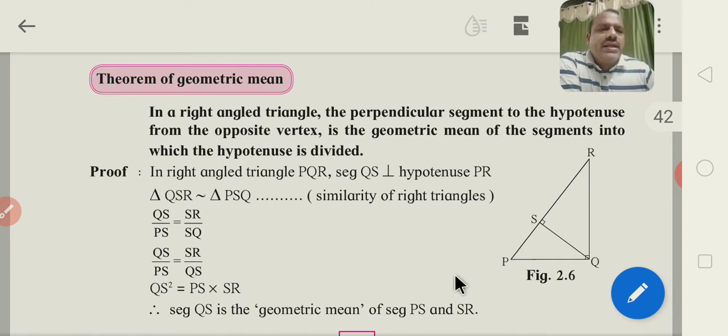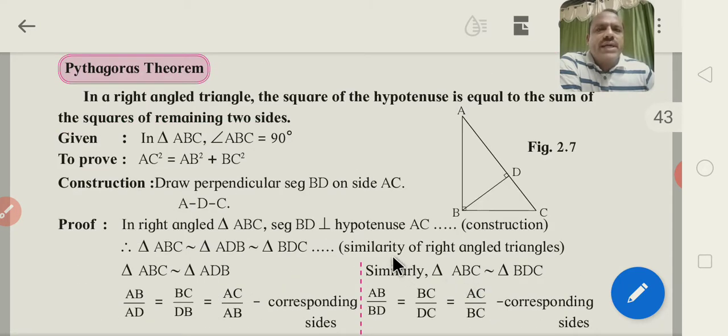Then next point, Pythagoras theorem. In a right angle triangle, the square of the hypotenuse is equal to the sum of the squares of the remaining two sides. In this diagram, triangle ABC is a right angle triangle, and AC is the hypotenuse, so AC square is equal to the sum of the squares of the remaining two sides.